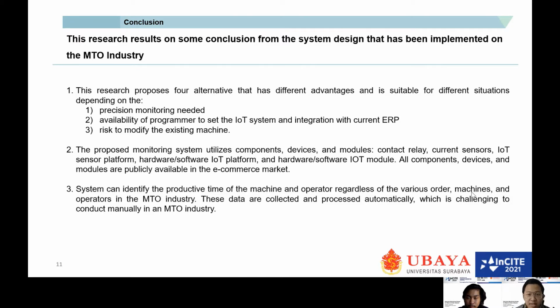Second, the proposed monitoring system utilizes components, devices, and modules that are widely available in the market. And finally, the proposed monitoring system can identify the productive time of the machine and operator, regardless of the various order machines and operators in the MTO industry.